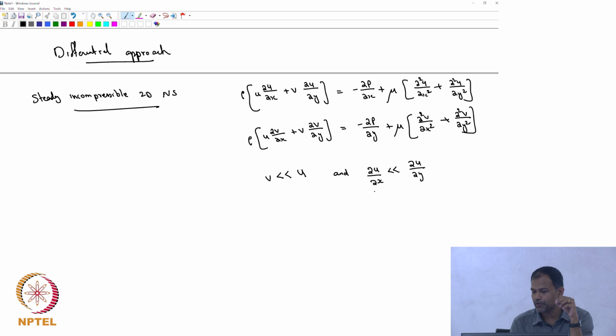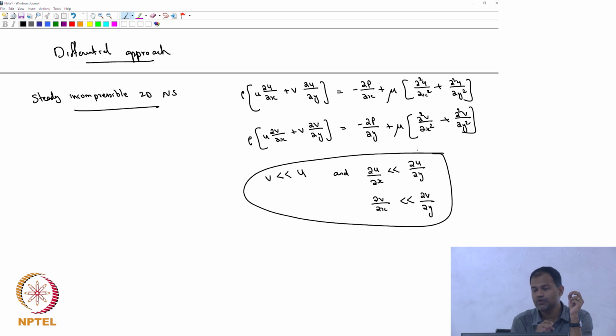Therefore this approximation, ∂u/∂x smaller than ∂u/∂y, is good for the boundary layer. Also ∂v/∂x is much smaller than ∂v/∂y. So these three approximations are found to be good if the boundary layer is very thin.